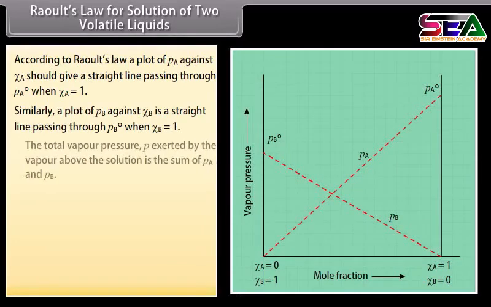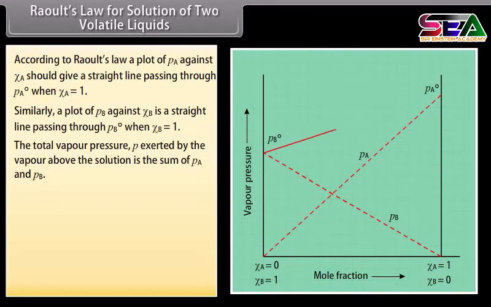The total vapor pressure P exerted by the vapor above the solution is the sum of PA and PB. P is equal to PA plus PB.